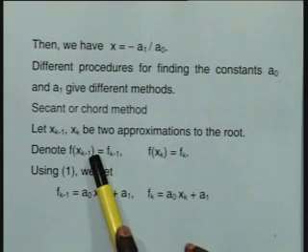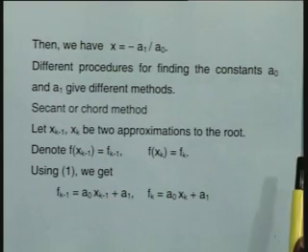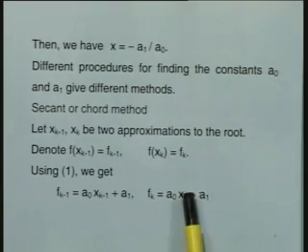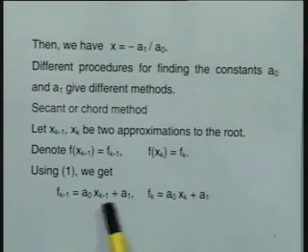Now these points should lie on the given straight line, therefore they should satisfy the two equations that we have derived. There are two equations for two unknowns a0 and a1. So I solve these two equations for a0 and a1, and we have produced the values of a0 and a1 as follows.